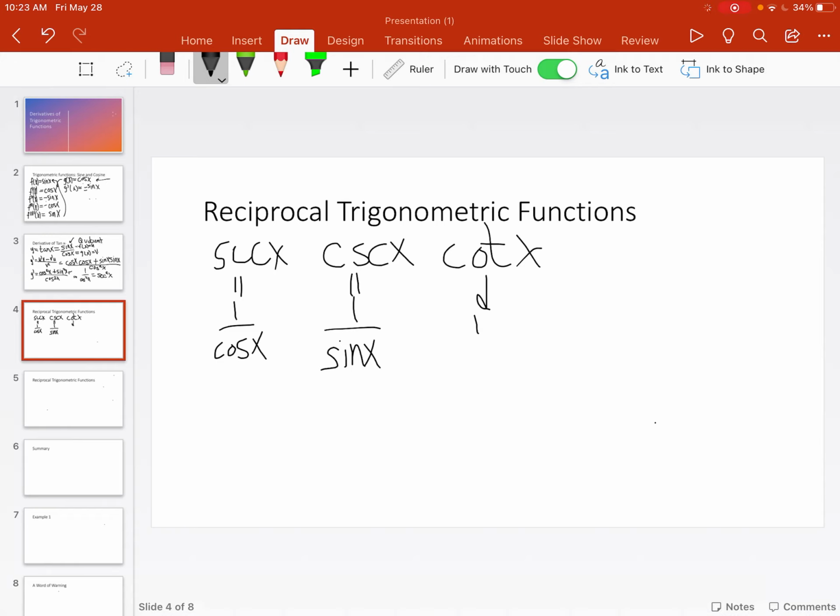What's cotangent x? Well, it's just 1 over tan x. I'm going to show you guys this one and this one. I'll derive these ones. Pretty similar steps. You can leave this one as an exercise. So let's do this. Let's start with cosecant x. I'll find the derivative of that.